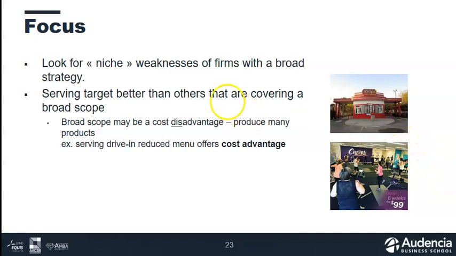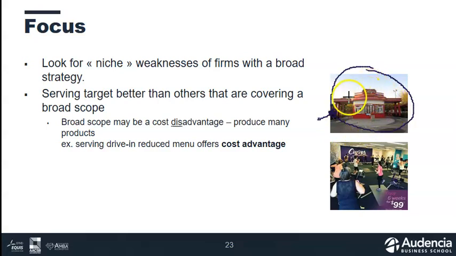Cost disadvantages, for example. A cost advantage can be achieved by narrowing down our focus. As I just mentioned, McDonald's serves a whole bunch of products. A good example here is a chain of hamburger stores called Rally's. Rally's is a chain of just hamburgers. They sell a very, very limited menu. They have no seating. You drive in, you get your hamburger, and you leave.